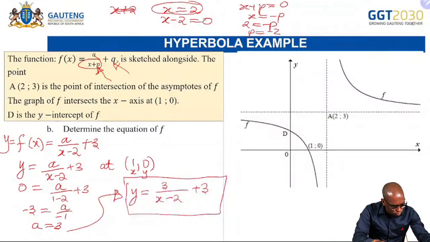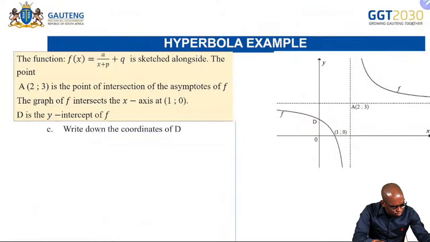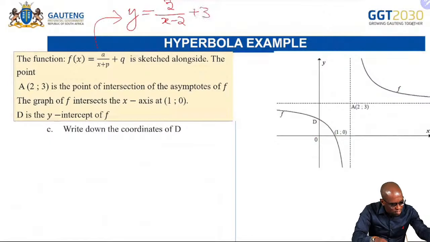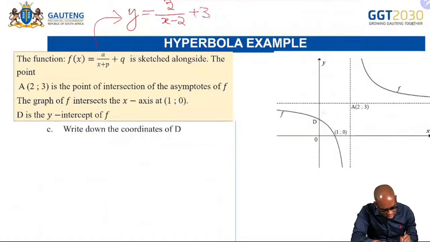Now, moving right along, remember now we've worked out the equation. y is equal to 3 over x minus 2 plus 3. Now, they say write down the coordinates of D, which means that we need to go to this particular function and check what point D represents.